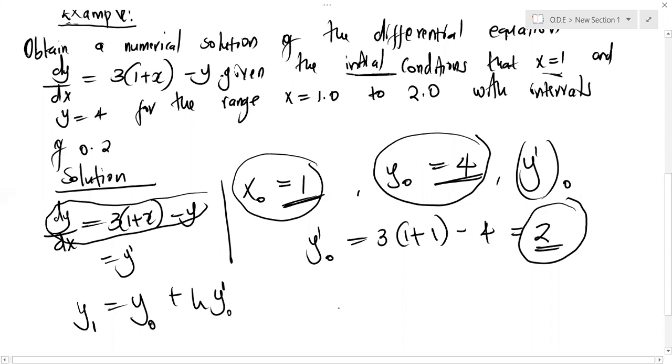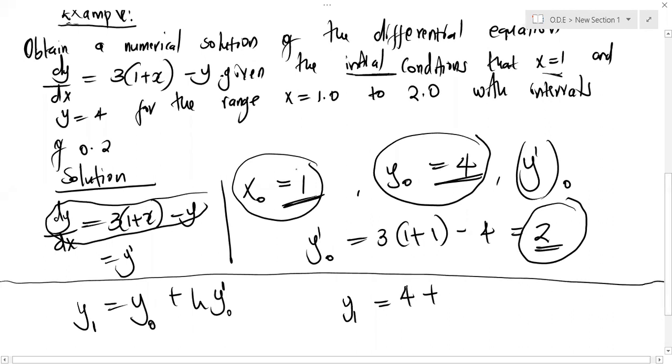So y1 is equal to y naught, which is now 4. Look at what I've underlined there. 4 plus h. What's the value of our h, guys? The value of our h is given in the question, and we've been told that the interval is 0.2. So this is our h.